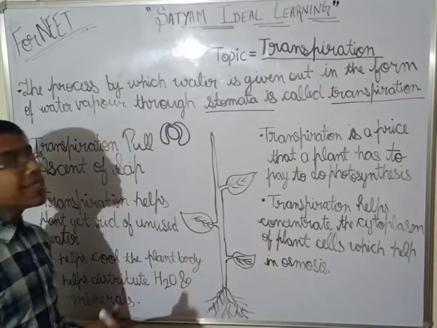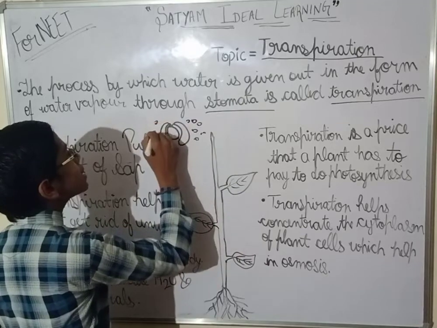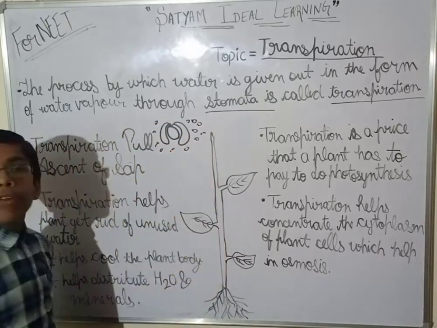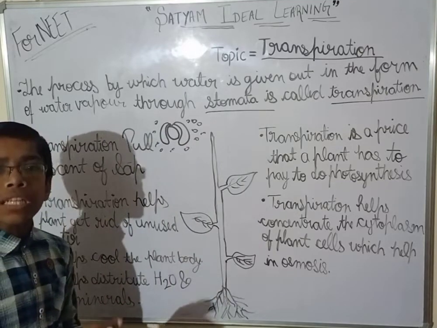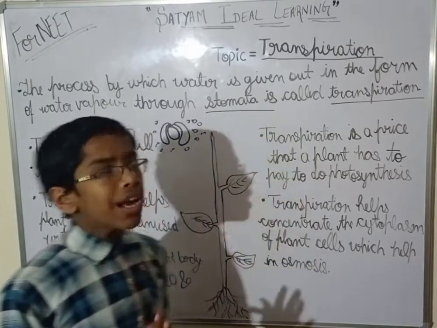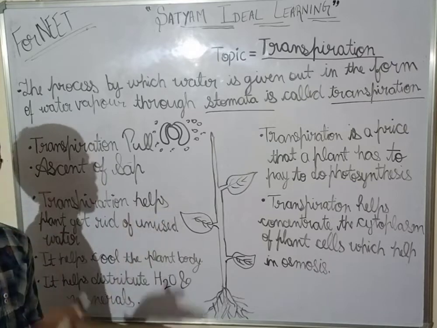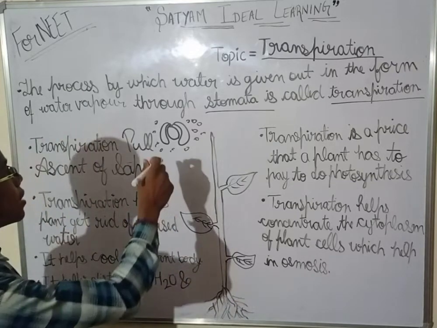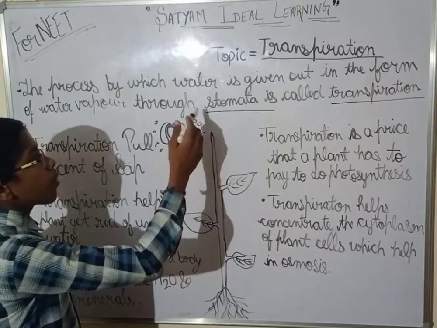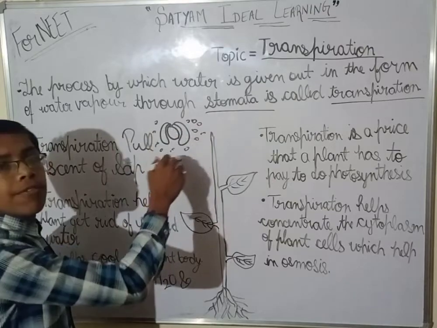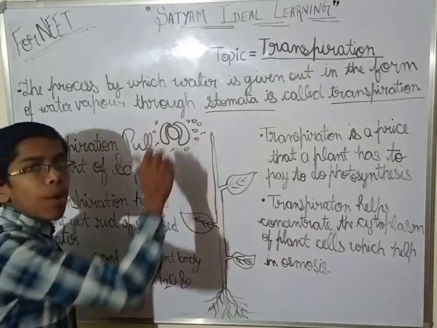So the water in the surrounding cells, which is in high concentration, will come within the guard cells, from the high concentration to the low concentration. And in between there is the stomatal pore.